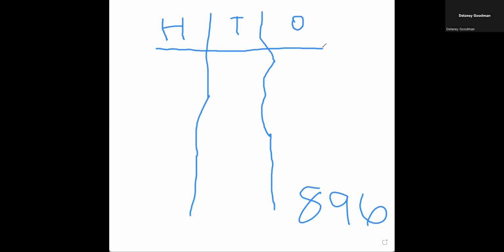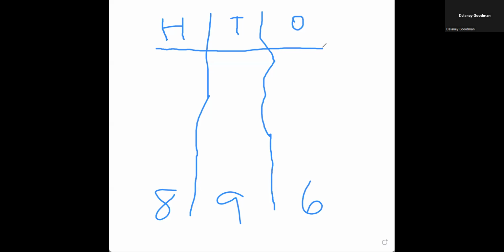On my place value chart, I can represent this number by breaking it down into hundreds, tens, and ones. When I put this number in my place value chart, I have 8 in the hundreds place, 9 in the tens place, and 6 in the ones place.